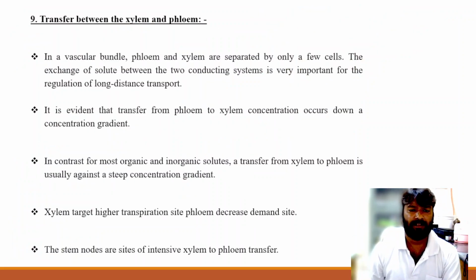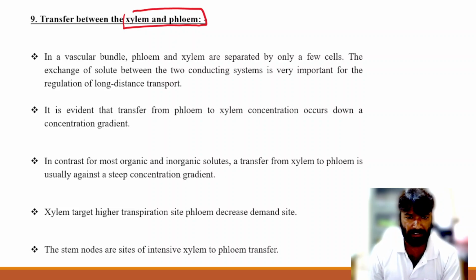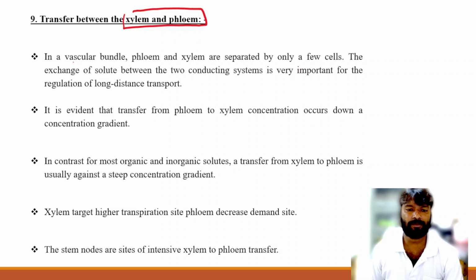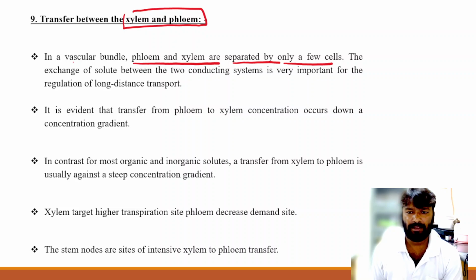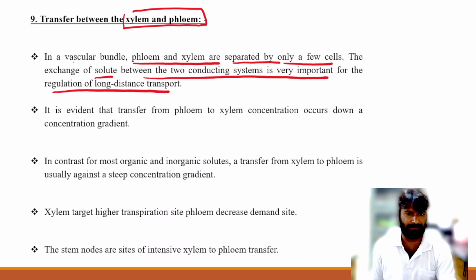Next point, the transfer between the xylem and phloem. Okay, so in a vascular bundle phloem and xylem are separated by only a few cells, and the exchange of solutes between the two conductive systems is very important for the regulation of the long distance transfer pathway.